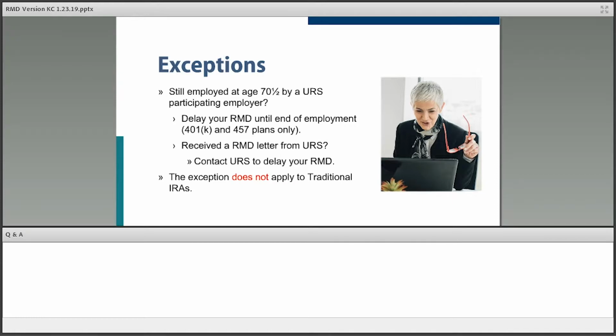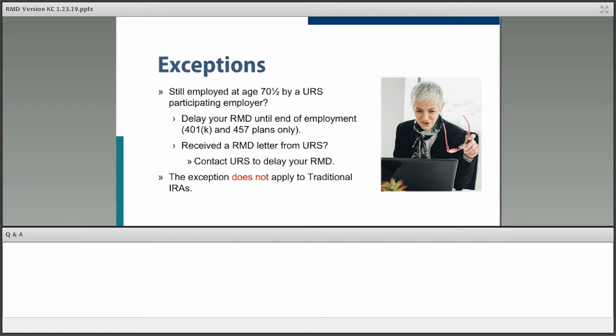However, if you are still employed at age 70 and a half and you want to defer taking that minimum distribution, then be sure to call us and let us know that you're still working for that URS covered employer and you would like to defer taking that minimum distribution.